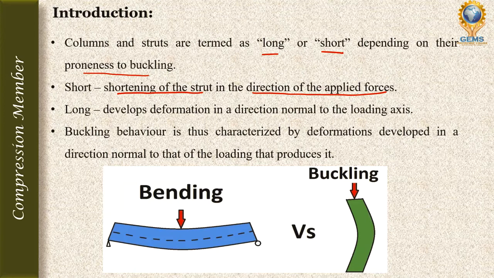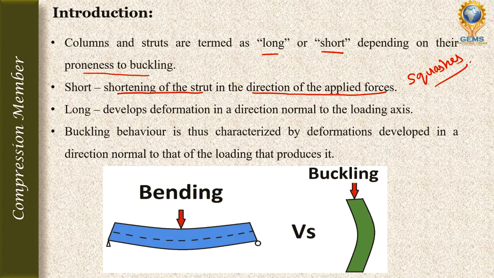Under incremental loading, if you are increasing the loading, this shortening continues until the column squashes. If the column or strut is long, in the initial stages, similar axial shortening is observed due to incremental loading.